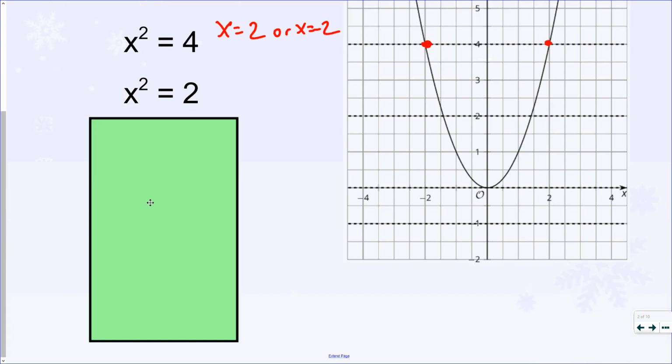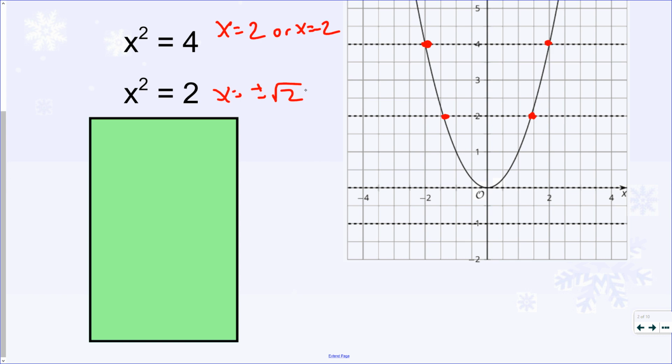What about x squared equals 2? Well, if x squared equals 2, it looks like those points here, and it looks like that's a point here too. So that looks to be a little bit less than 1.5. And it turns out we could just say x equals plus or minus the square root of 2. And you might remember doing that in our quadratic unit.